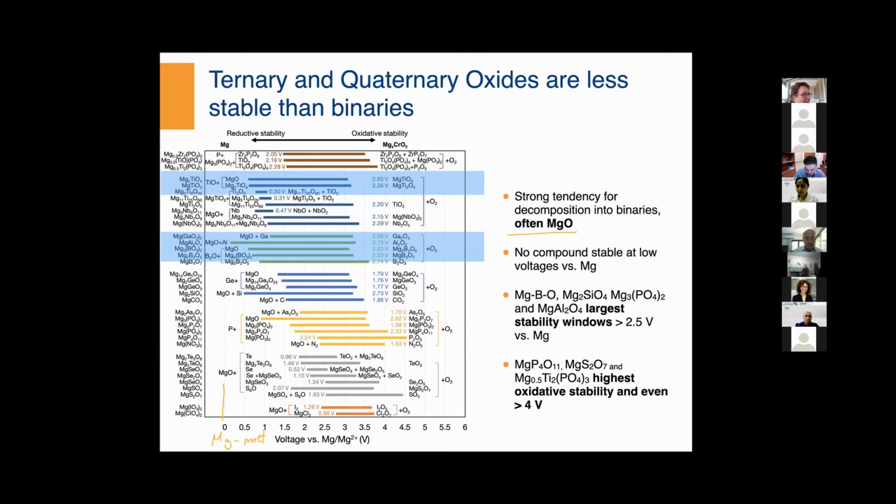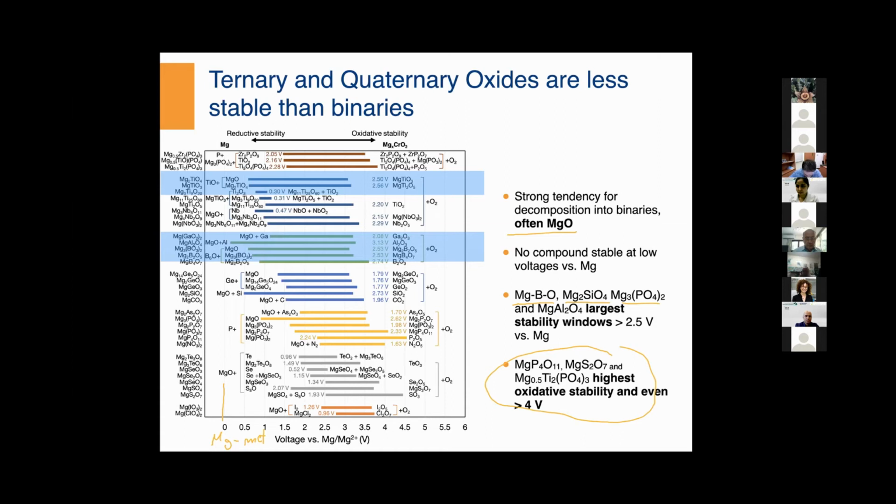Now, at the cathodes, there is some interesting chemistry that could be rather stable, meaning that the anodic stability windows sit at relatively high voltages. And so you can have magnesium borate, magnesium silicate, magnesium phosphate, and aluminate. And importantly, some of these materials have quite a large oxidative stability cutoff.